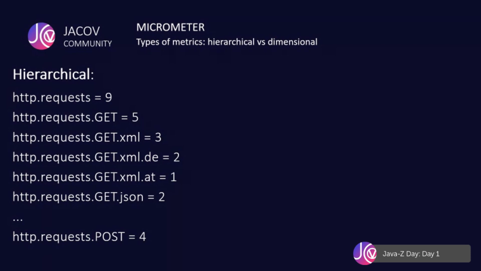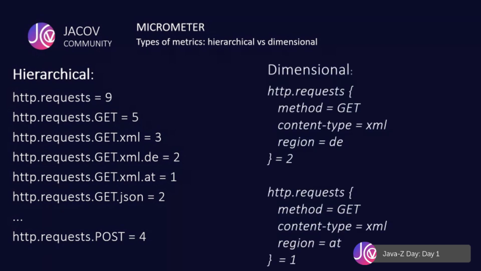And some metric storages support only this type of metrics. In contrast to this, the dimensional model is flexible. A metric is identified by name and dimensions. Those dimensions allow a metric to be sliced to drill down and reason about the data.